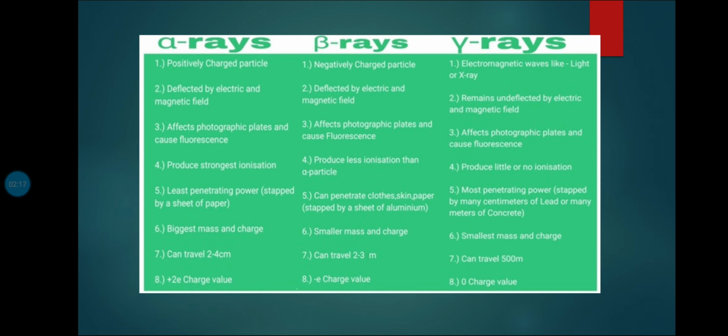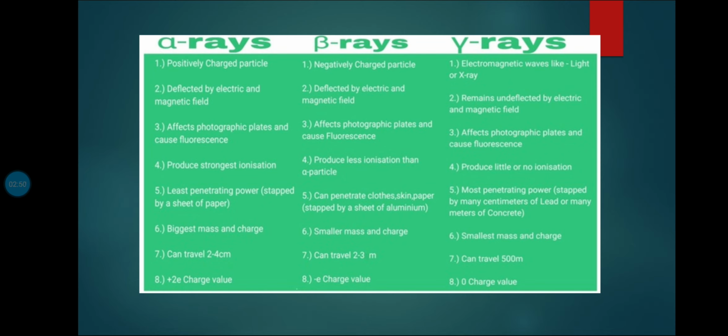The gamma rays are nothing but electromagnetic radiation like visible light or X-rays. Alpha rays are deflected by electric and magnetic fields. Beta rays are also deflected by electric and magnetic fields. Gamma rays remain undeflected by electric and magnetic fields.